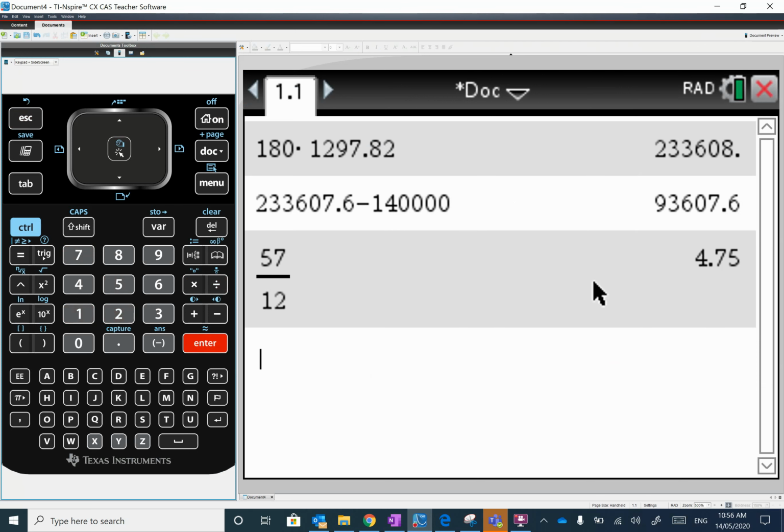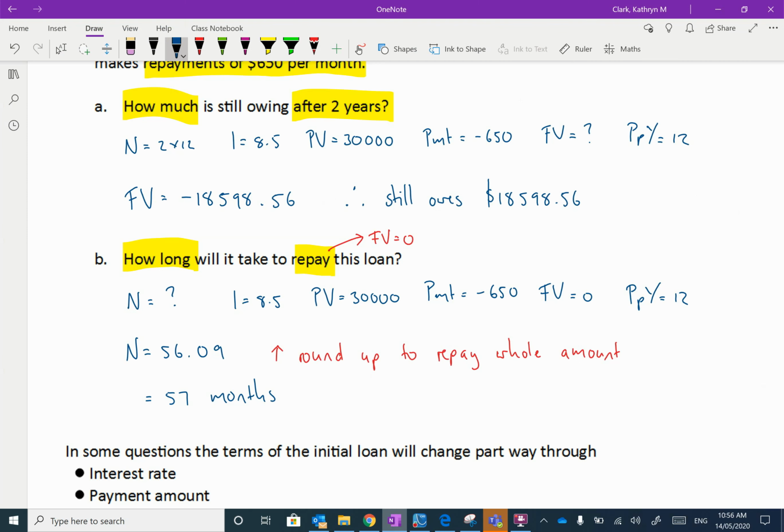Yeah, 4 years and 9 months. However you want to answer it. It might ask you to say it to the nearest month. It might ask you to do years.